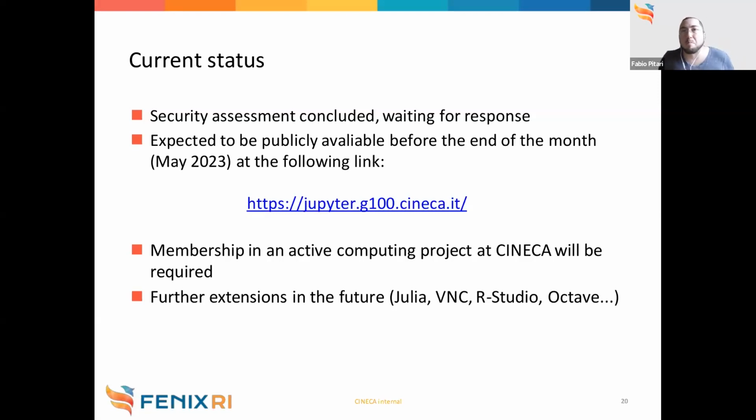Hopefully next week, or before the end of May, I'm quite sure about that, we will open to the public the implementation on Galileo 100. This link is not accessible yet, but it will be in very few days, hopefully. The only requirement from your side is to have an active project at CINECA. This is the same requirement that you have on the other Fenix implementations.